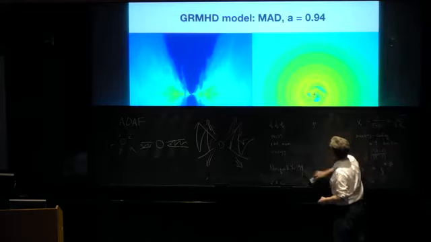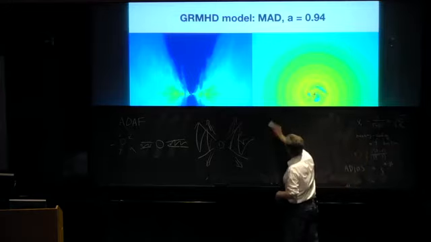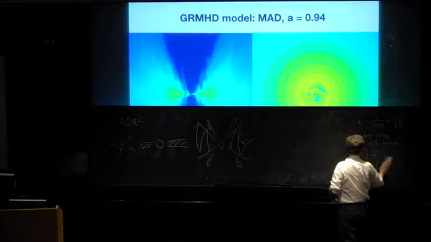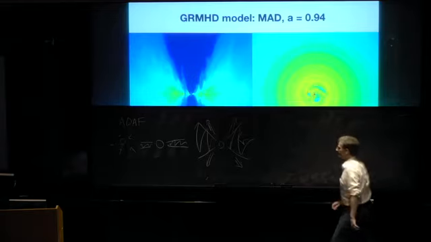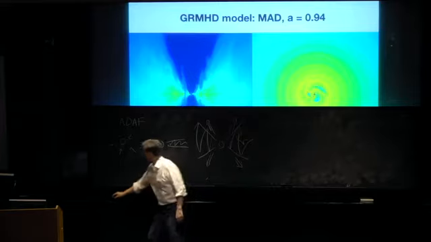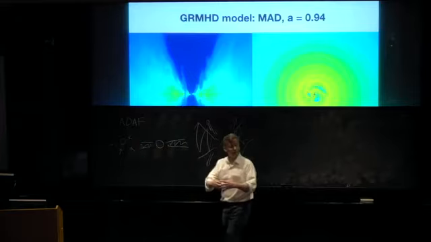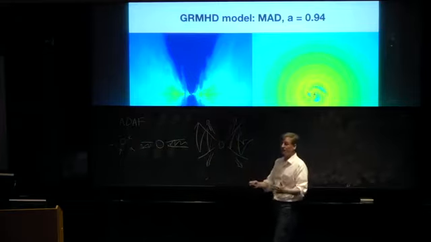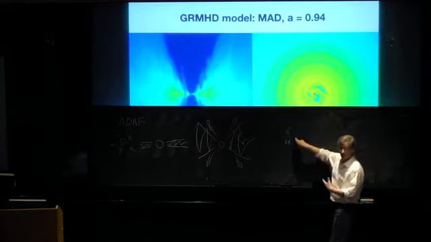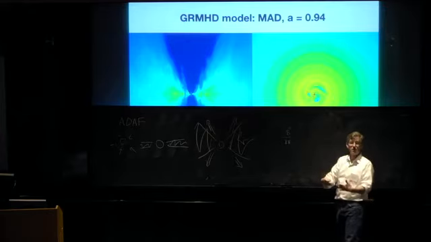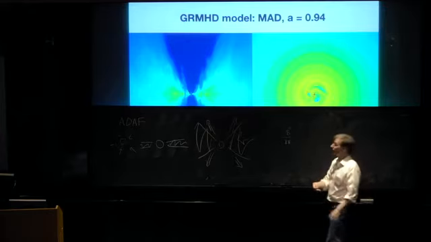So the natural calculation to do is to say we're going to be able to blow away the external plasma when the magnetic pressure exceeds the ram pressure of the accreting material close to the black hole.